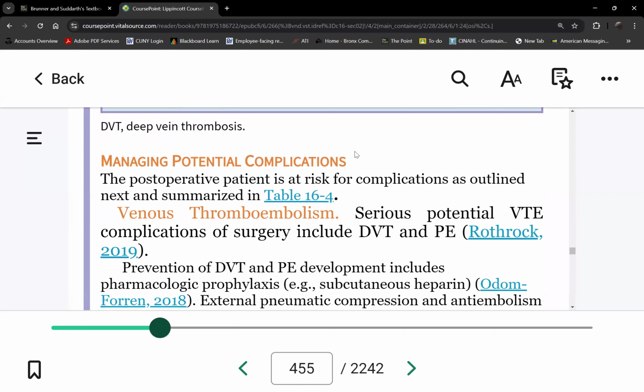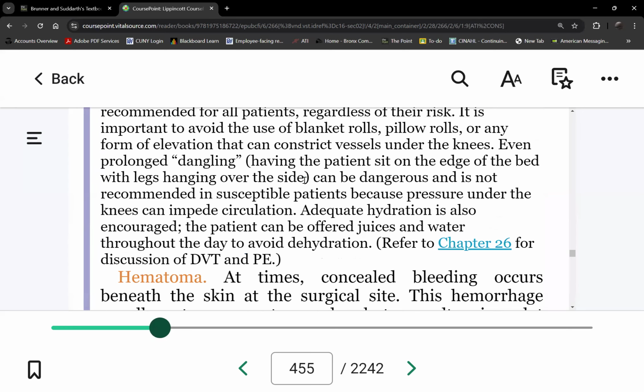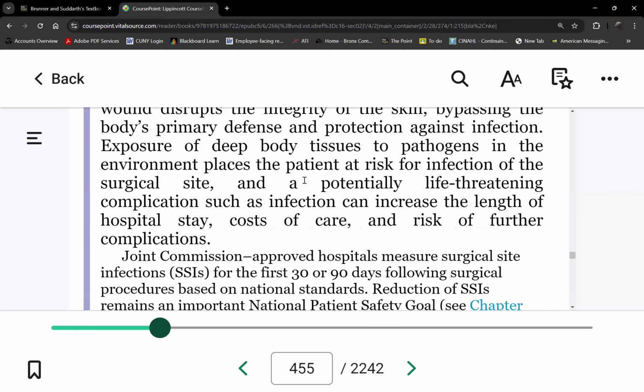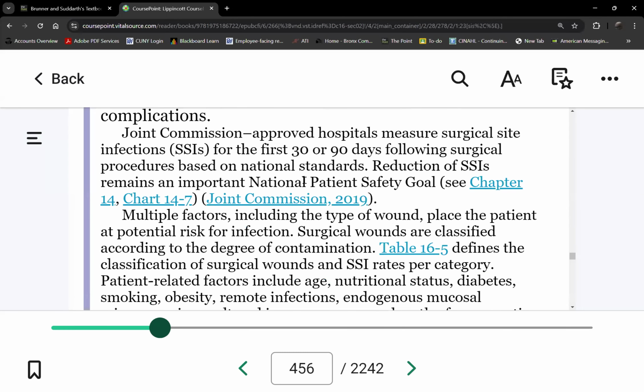We'll do stroke in 2 weeks. For VTE, we already discussed prevention. Management of DVT, we'll discuss in module 6. Infection again, we have the 3 W's, we discussed that.